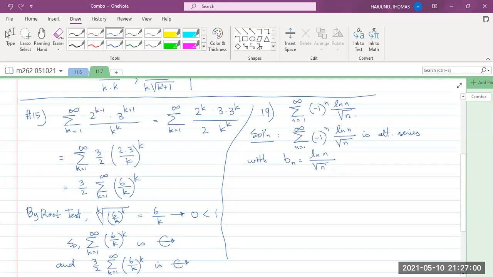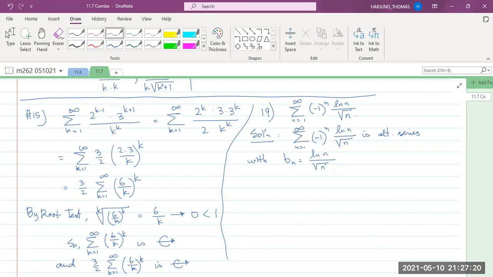Now, because it's an alternating series, we need to show that this is convergent to 0 and decreasing.